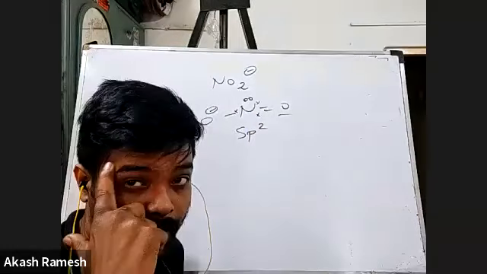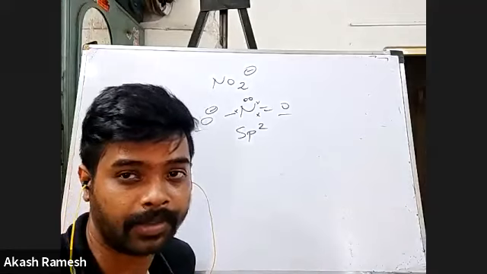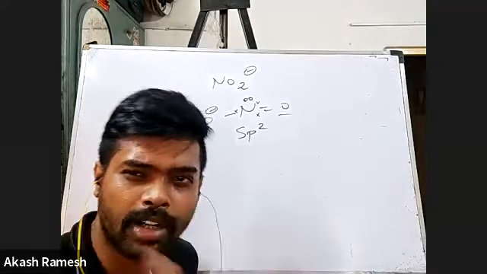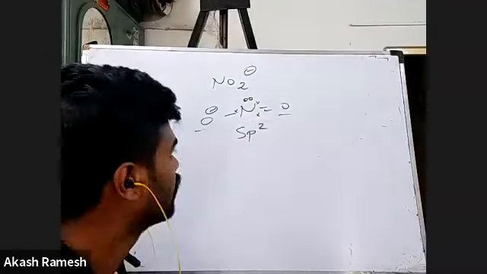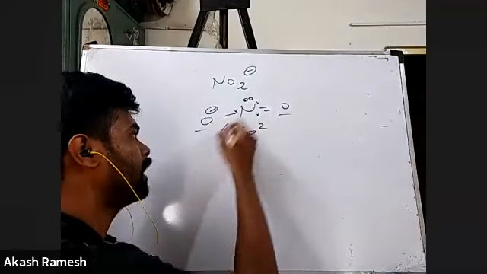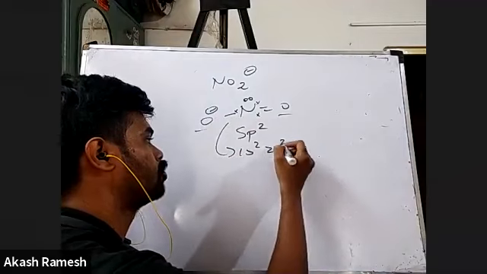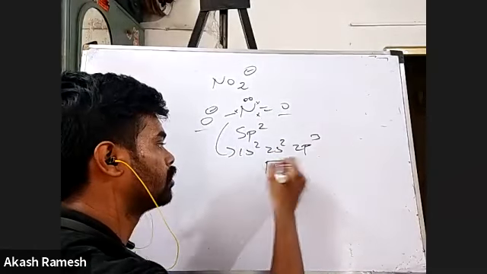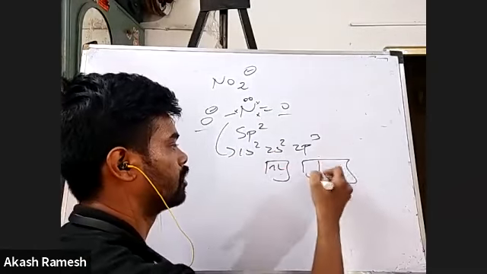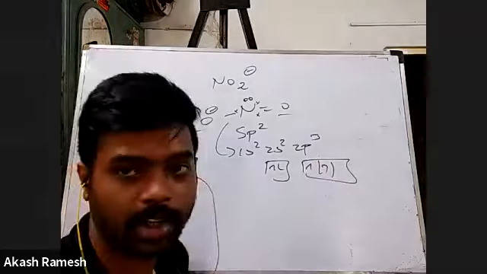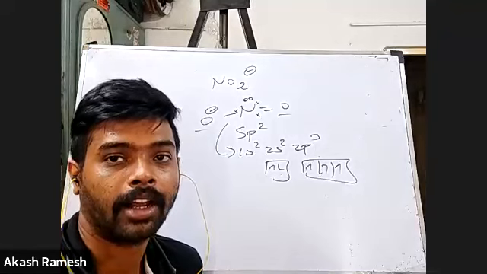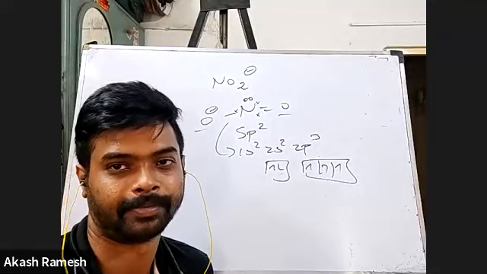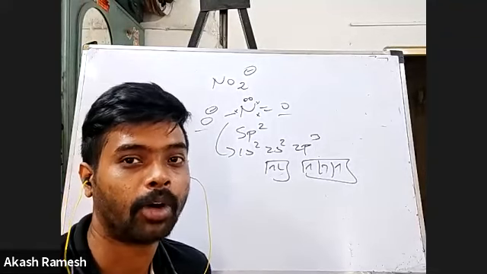Now again we'll try to prove how it is sp2 hybridization. Next thing you try, because I have a lone pair and all. Nitrogen has 1s2, 2s2, 2p3. So in 2s, 2 electrons, and in 2p, 3 electrons. Now, there's a problem.